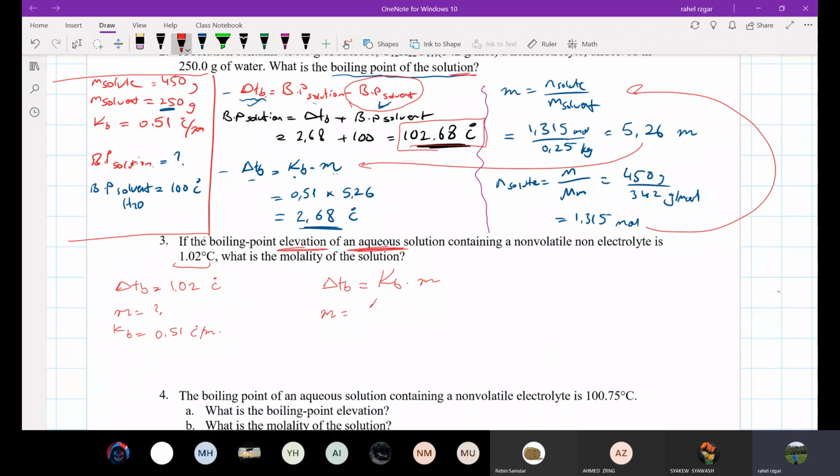Molality is equal to delta TB over Kb. Delta TB is 1.02 Celsius over Kb, 0.51 Celsius per molal, and the result is 2 molal.